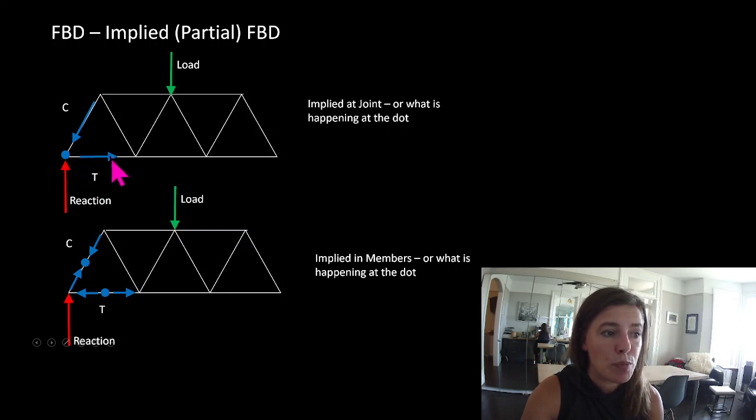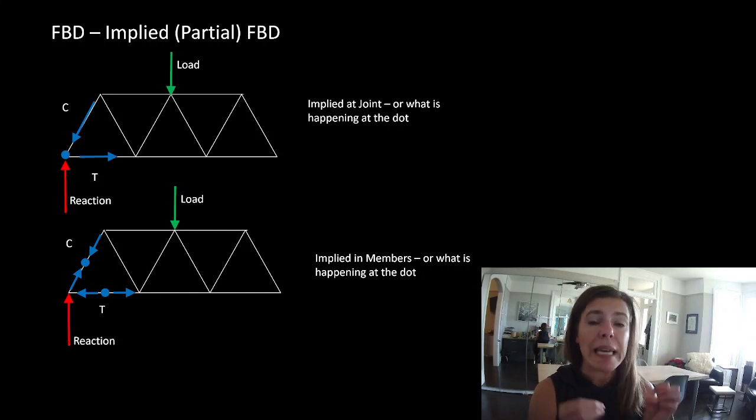If the arrow is pointing away from the point, we are saying it's in tension. So if we imagine that instead of our point being right here, and we put it in some imaginary spot in the middle of the member, well, an arrow pointing towards that point is compression, and an arrow pointing away from that point is tension.